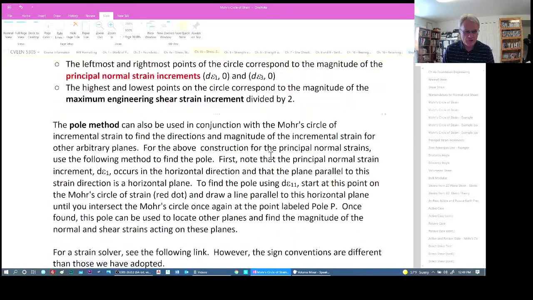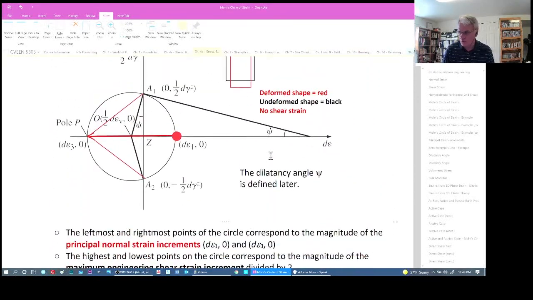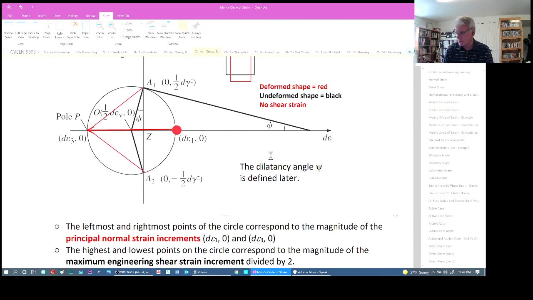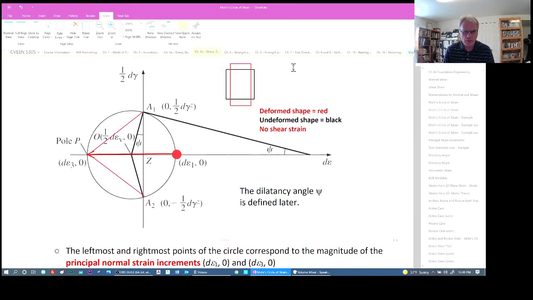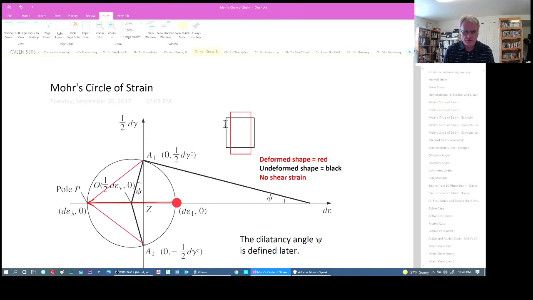Okay. Let's look at this once more, in terms of what we might do if we were using the other plane. This plane here is a vertical plane, and the normal strain increment to that plane is dε3, so we would plot that value.